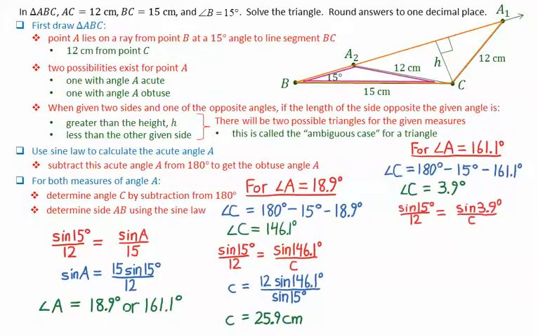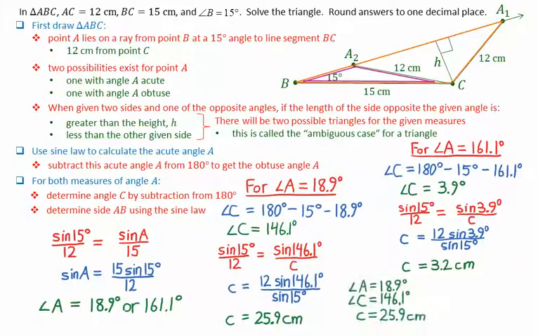Once again, we use the sine law. Sine 15 degrees over 12 equals sine angle C, 3.9 degrees, over side C. C then equals 12 times sine 3.9 degrees divided by sine 15 degrees, resulting in 3.2 centimeters.